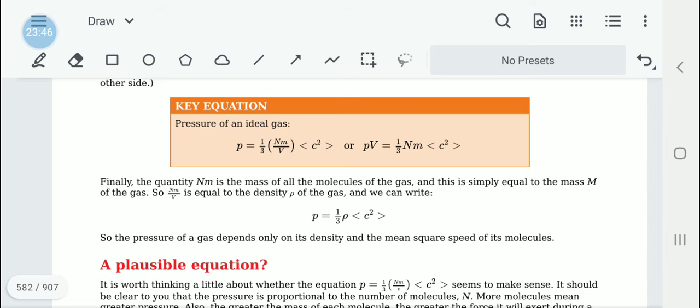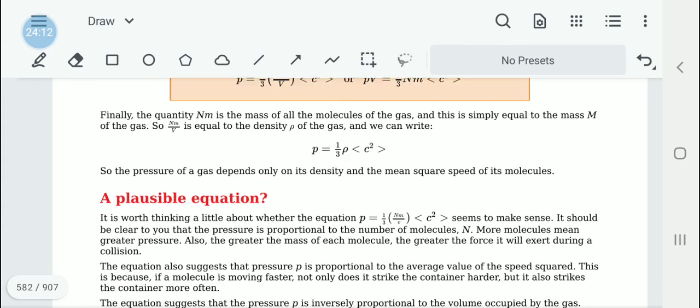So nm upon V is equal to the density rho of the gas. Then we write P equals 1 upon 3 rho times the average of c squared, right? That means the pressure of a gas will depend on the density and the mean square of the speed of the molecules. That is what we need to understand.